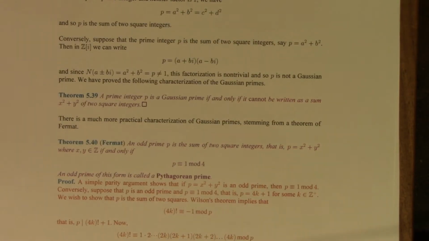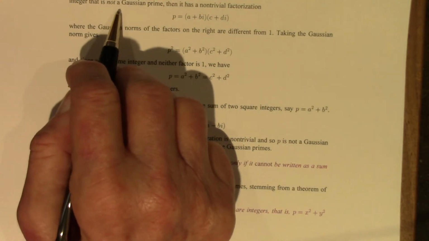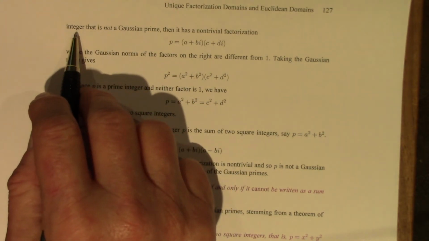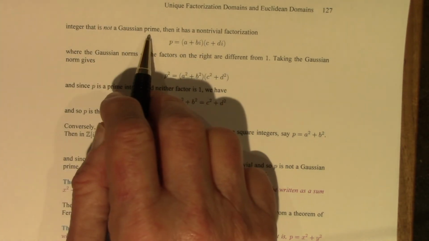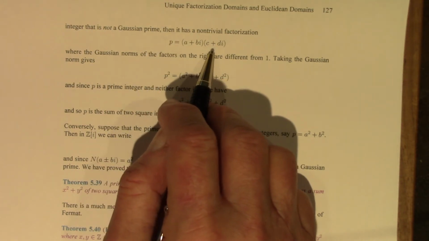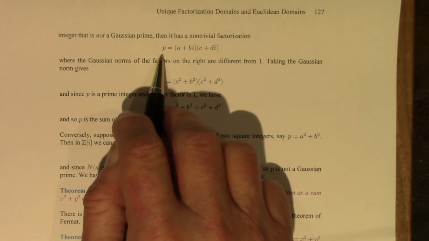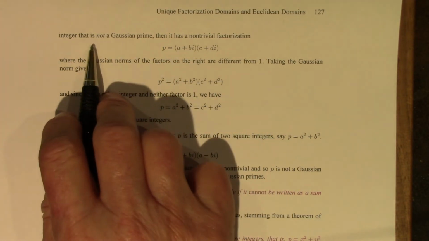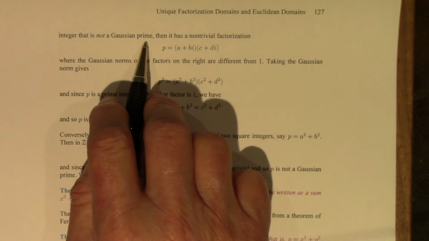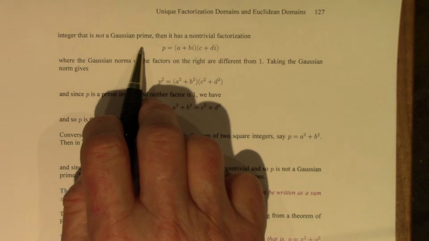But if an integer p is, let's say, a prime integer that is not a Gaussian prime, then it has a non-trivial factorization over the Gaussian integers. A prime integer and a Gaussian prime are different things, because we're in different universes.